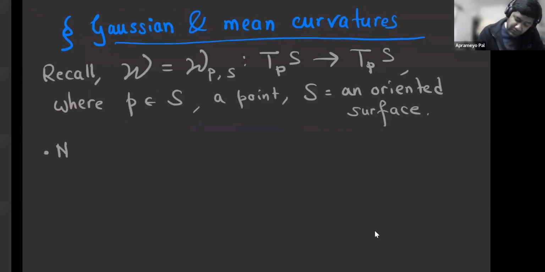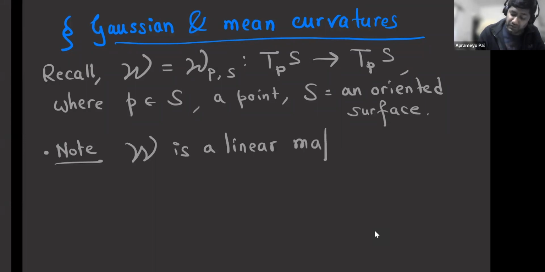Now note this W is a linear map. In fact, if you remember last talk, it was not only linear, it was also self-adjoint, which is quite a strong property for a linear map. If it's self-adjoint, then it has nice properties about eigenvalues, which will come in the next lectures.